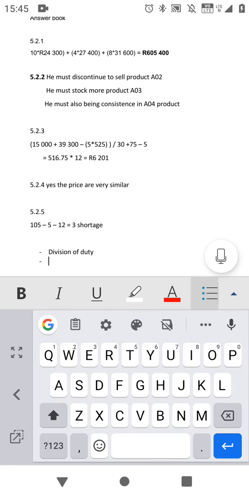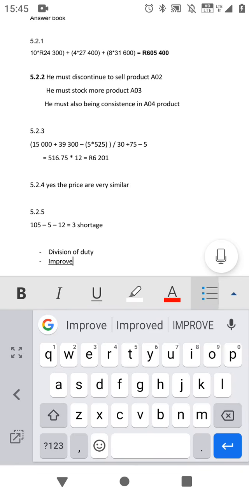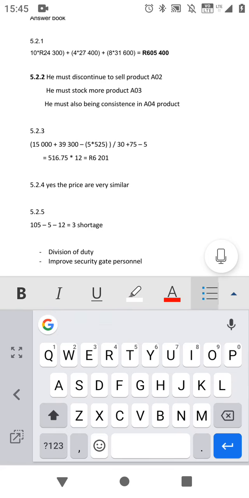The other one is to improve the security gate, not the camera. The security personnel at the gate must work with someone, or the security must have tight control.